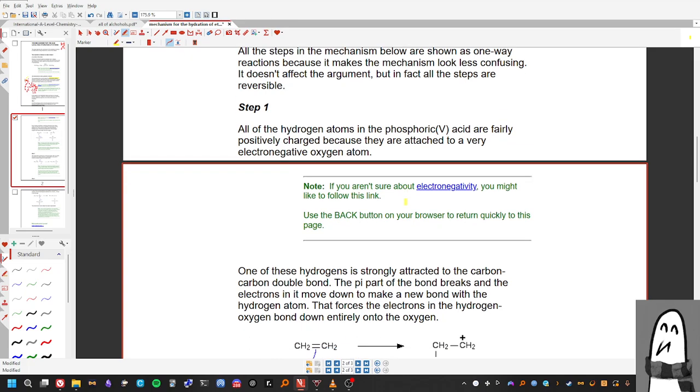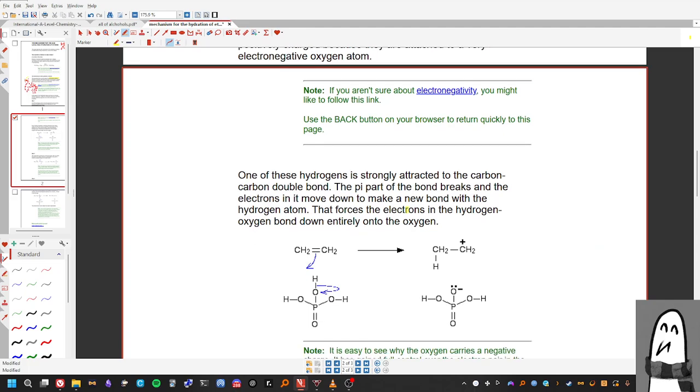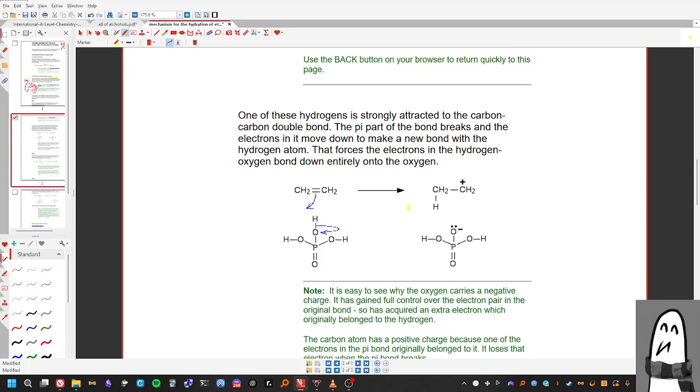So all of the hydrogen atoms in the phosphoric V acid are fairly positively charged because they're attached to a very negative oxygen atom. One of these hydrogens is strongly attracted to the carbon-carbon double bond. The pi part of the bond breaks and the electrons in it move to form new bonds with the hydrogen atom.